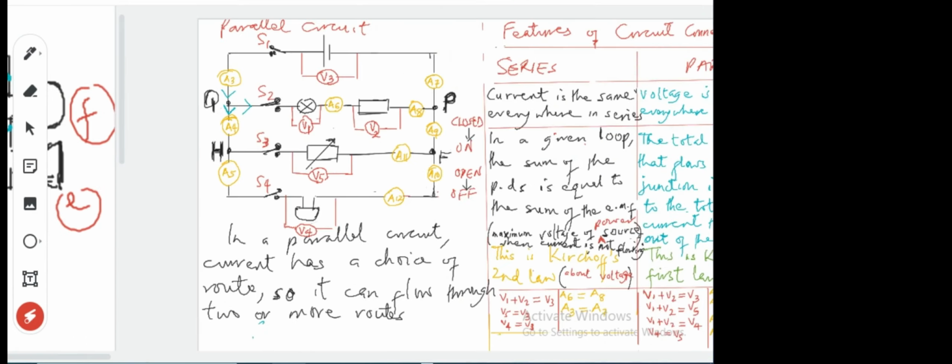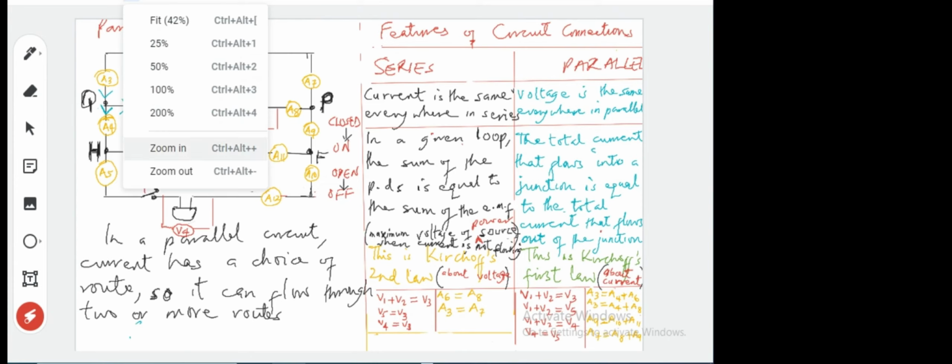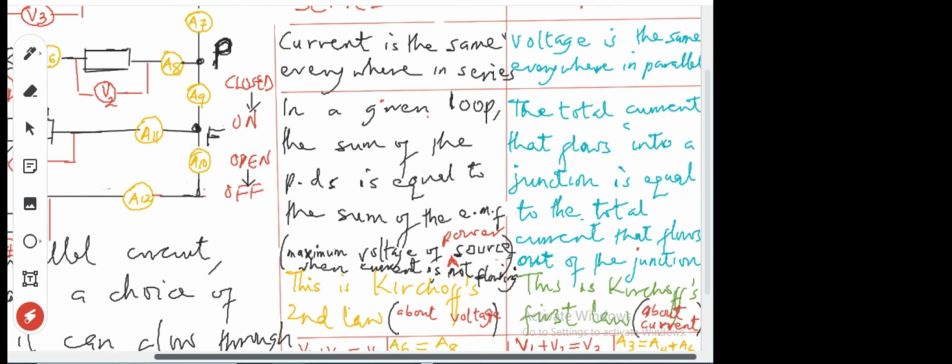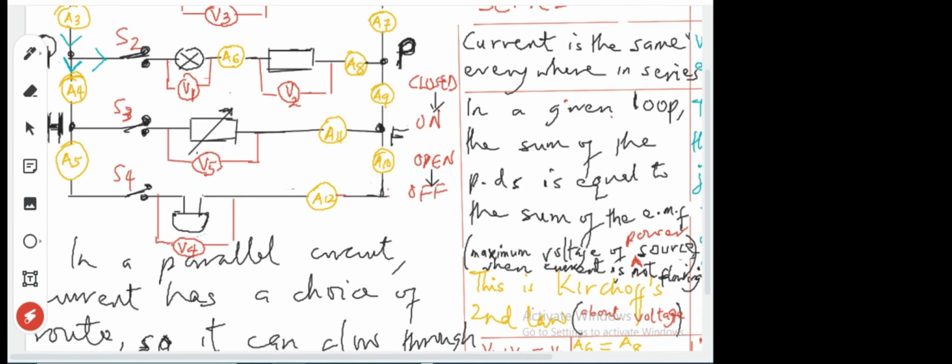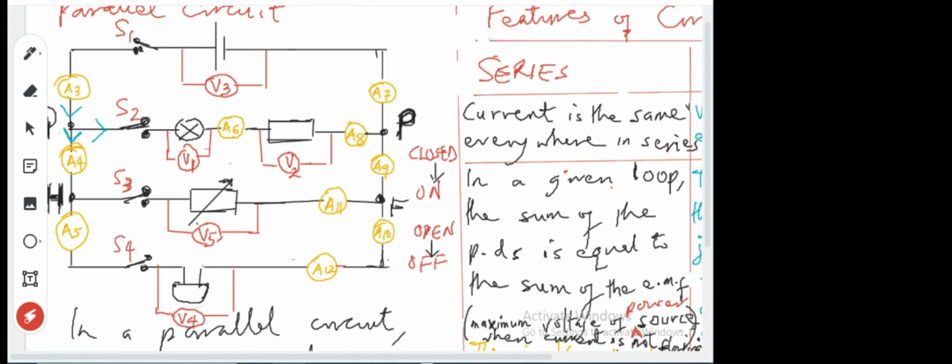There could be several loops, like this one. Look at this circuit. It has several loops. Several loops means you can start from the positive side, follow a particular route, and come back. That's one loop. I can follow another route and come back. That's another loop. Another route and come back. That's another loop. In any given cycle, all the PDs you will pass through will sum up to the EMF.